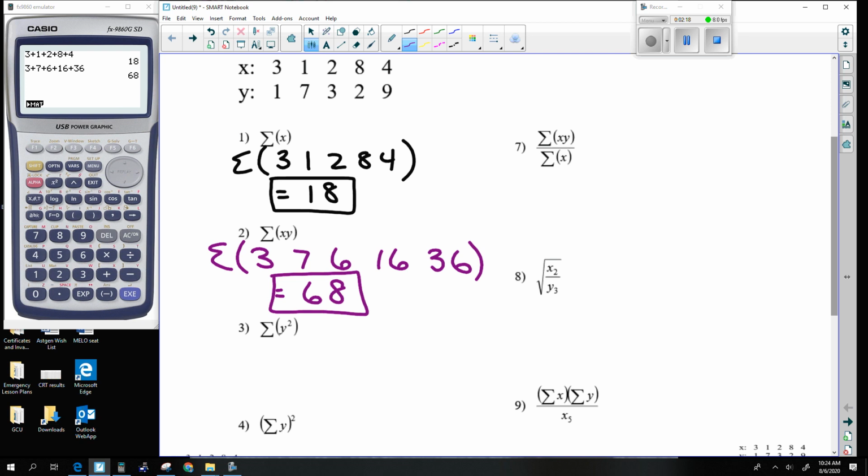So the first thing I need to do is take the y's and square them. So 1 squared, 7 squared, 3 squared, 2 squared, and 9 squared. So those are the y squareds, and now I'm going to be taking the sum of those y squareds.